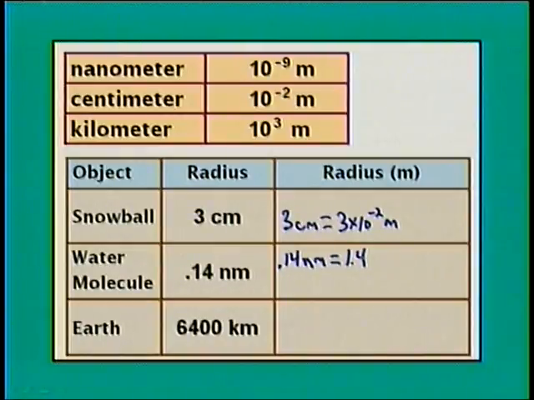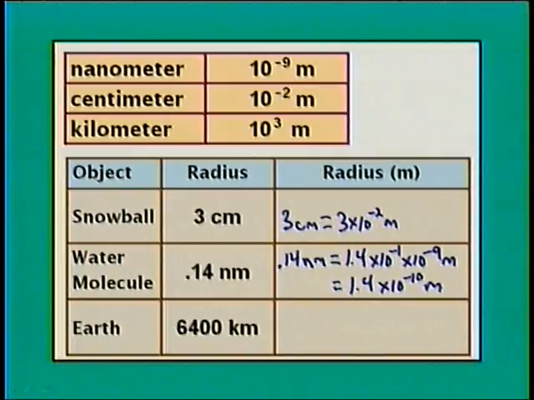I need to move the decimal point 1 digit to the left, which I can do by multiplying by 10 to the negative 1. Now looking up at my table at the top, I see that 1 nanometer is equivalent to 10 to the negative 9th meters. So I also have times 10 to the negative 9th meters. So when I simplify, I see that in terms of meters, the radius of a water molecule is 1.4 times 10 to the negative 10th meters.